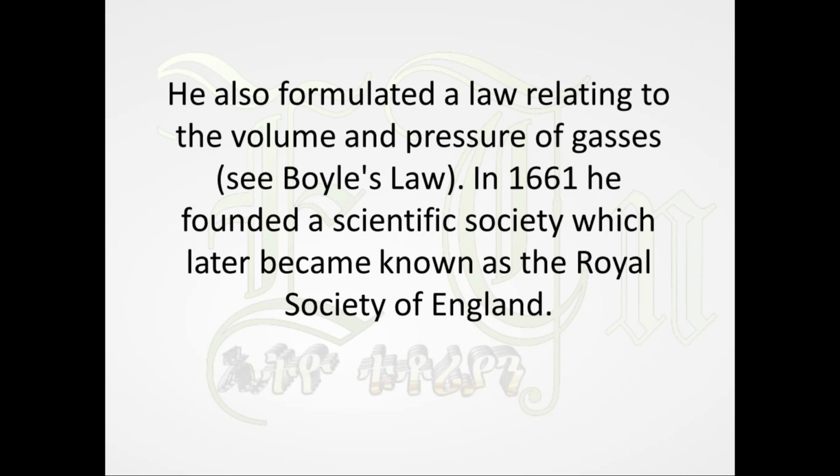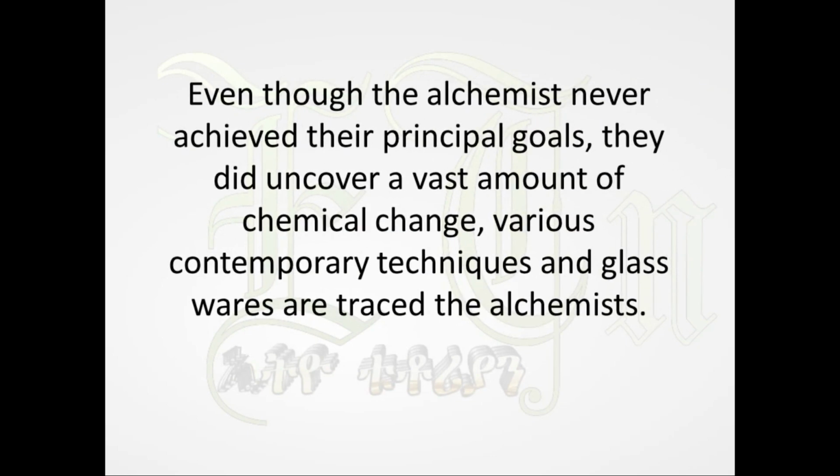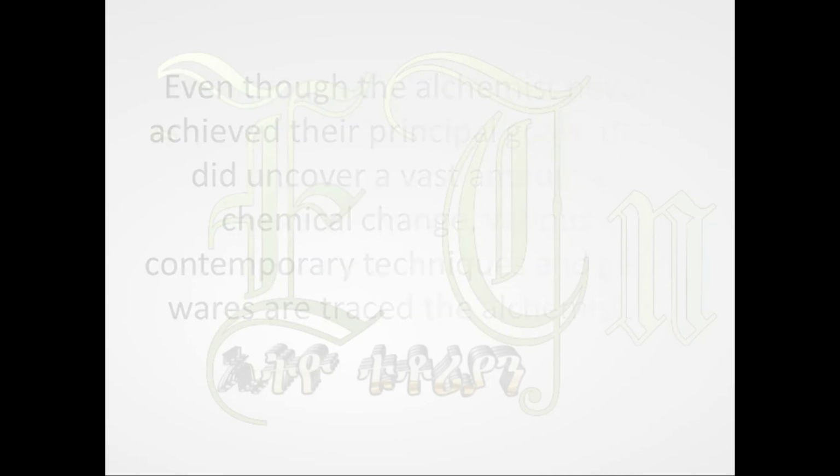In 1661 he founded a scientific society which later became known as the Royal Society of England. Even though the alchemists never achieved their principal goals, they did uncover a vast amount of chemical change. Various contemporary techniques and glassware are traced to the alchemists.